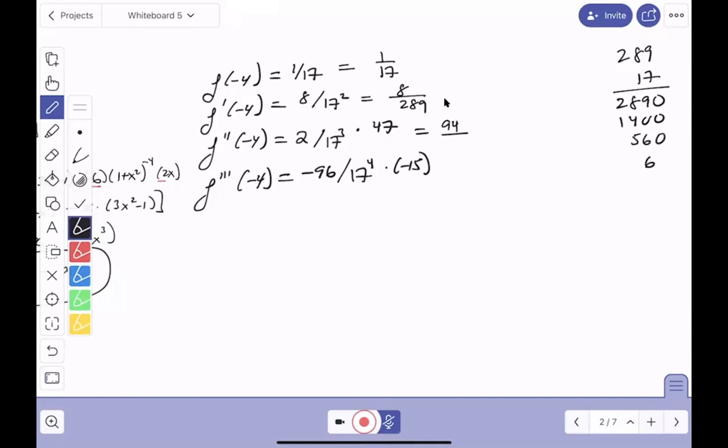And 7 times 9 is 63. No, I don't enjoy doing that either. Oh, these are nightmarish. I'm going to give up now. I was going to put down 15 times 96 over 17 to the 4th power.